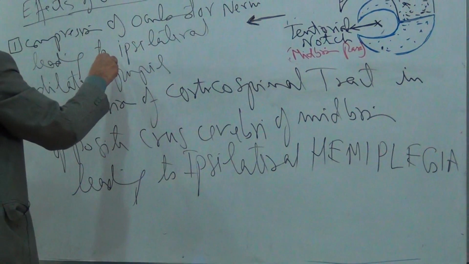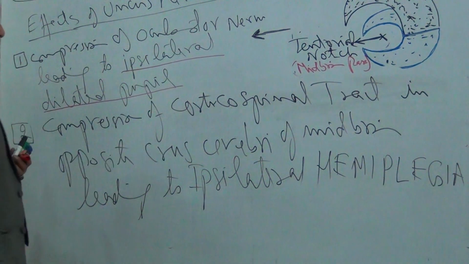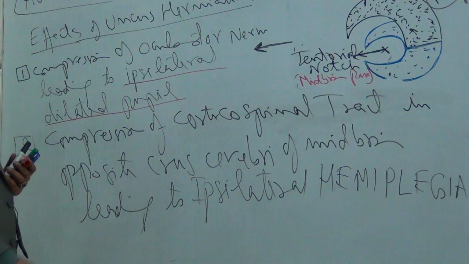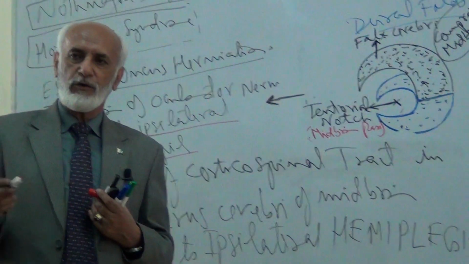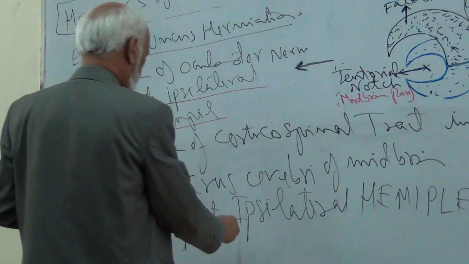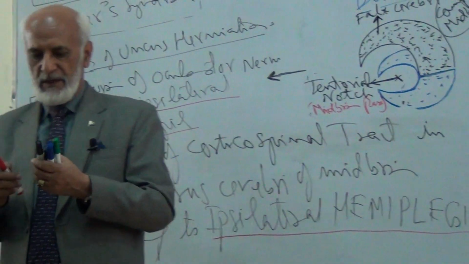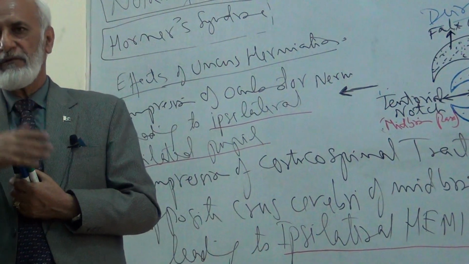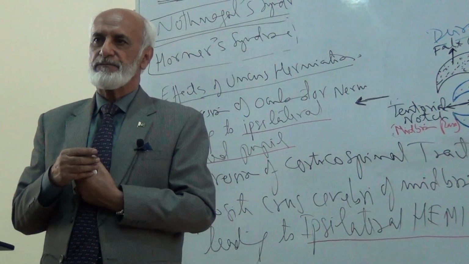Number one, an ipsilateral dilated pupil due to oculomotor nerve compression, and second, due to compression of the corticospinal tract in the opposite crus cerebri, ipsilateral hemiplegia, on the side where the corticospinal tract is compressed.